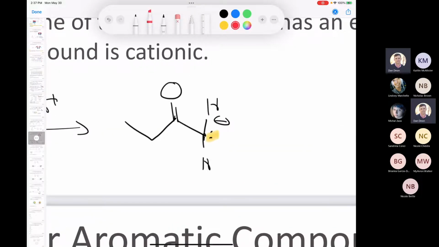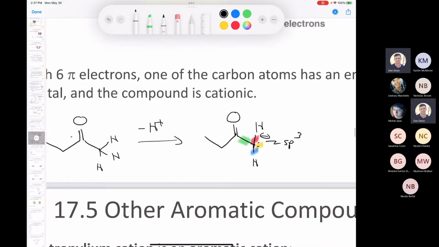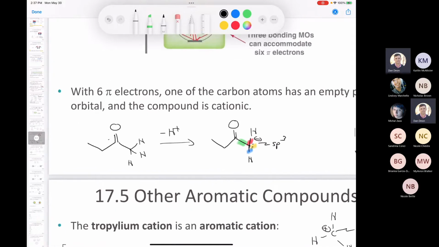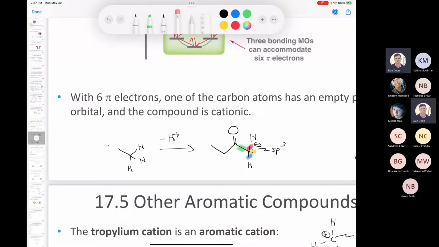And therefore you would say that this is sp3 hybridized. The orbital where that lone pair resides is an sp3 hybrid orbital, the way that I have it drawn here. I mean, we could make it simpler than this. Why don't we just make it butane? Okay, if you're talking about butyllithium or something. So 1, 2, 3, 4. So let's just make it even simpler.